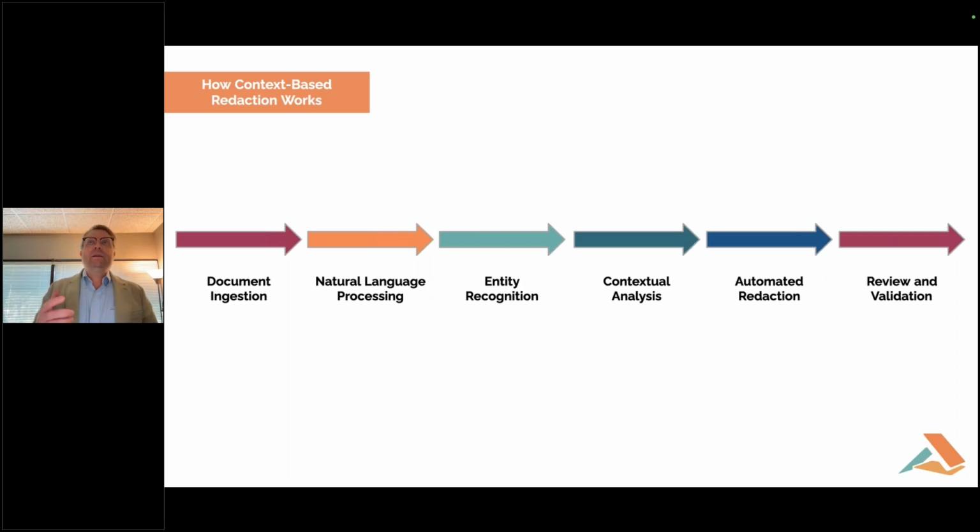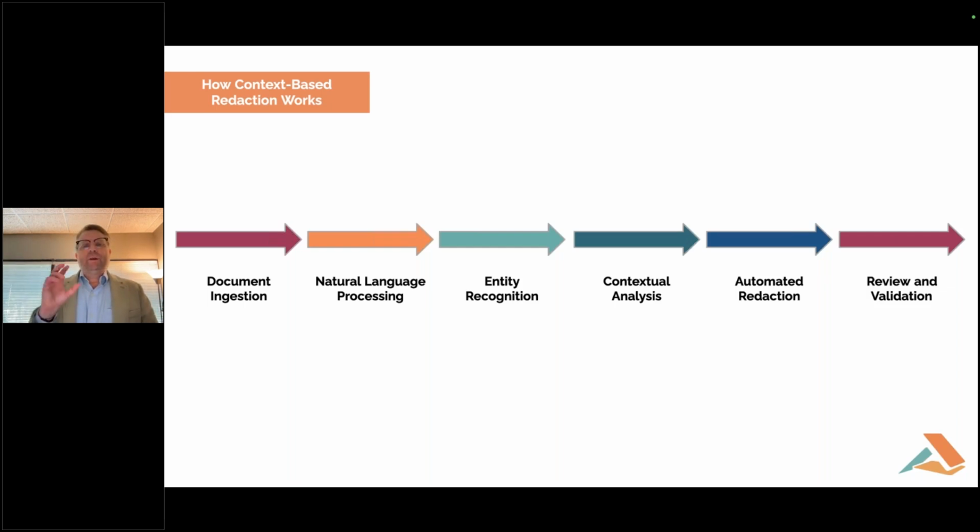Depending on what you're trying to have redacted, this sometimes works hand in hand with your PII detection, because you might be looking for names, addresses, social security numbers or financial data. You could be looking at formulas for products you're making, or even the name of a company and the context in which it's being used.